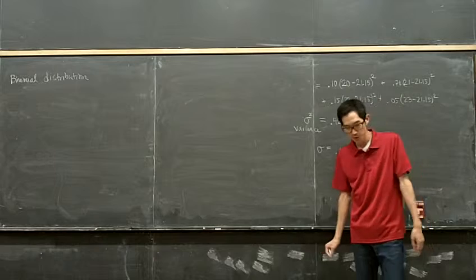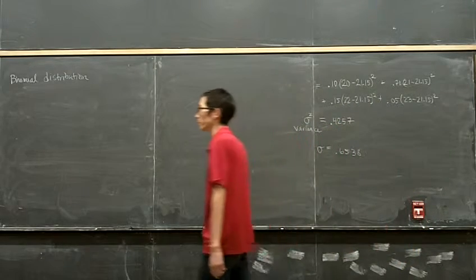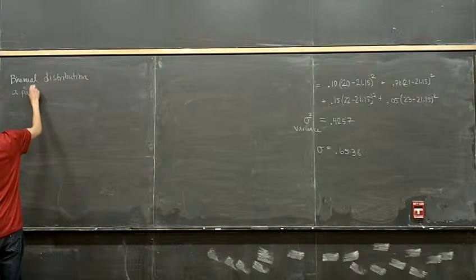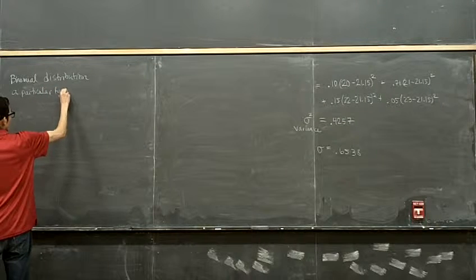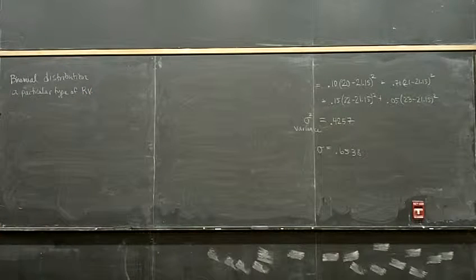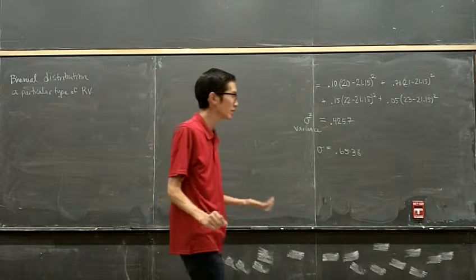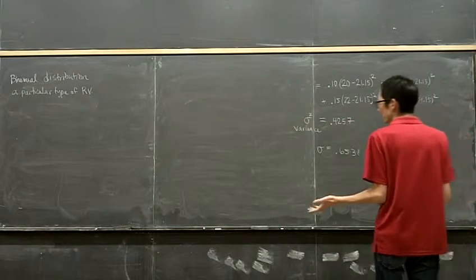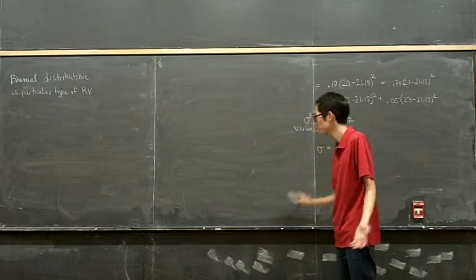So the binomial distribution is a particular type of random variable. And here it's the outcome to a question where you say, well, if I tried this same thing several times, what's the probability that I succeed this many times?